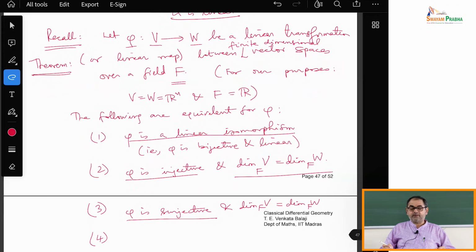And then here is another important condition. This injectivity or surjectivity can also be captured in terms of the determinant of a matrix of phi written with respect to basis.